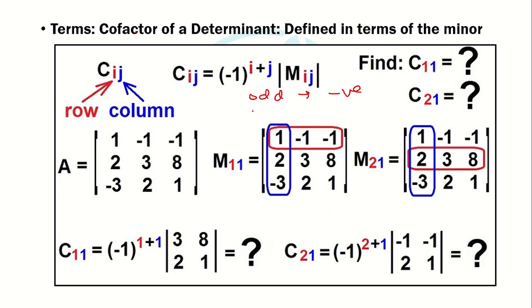At the same time, if i plus j is even, then you would have a positive sign associated, and that means the cofactor would be equivalent to the minor itself. So that is what cofactor is all about.